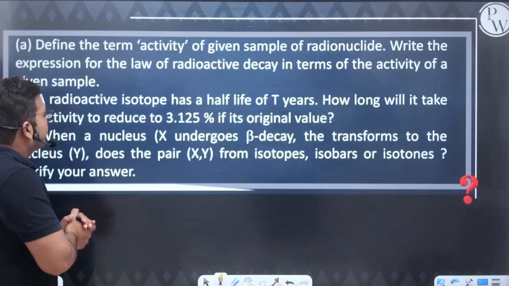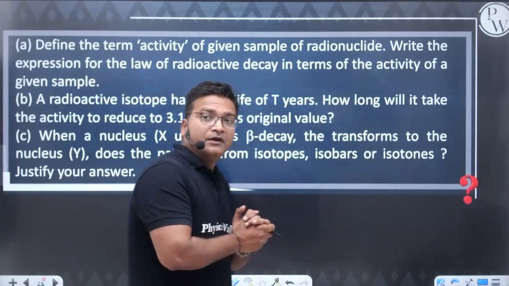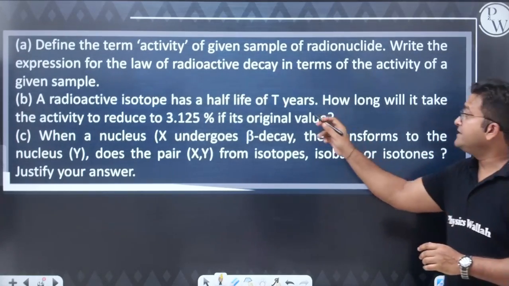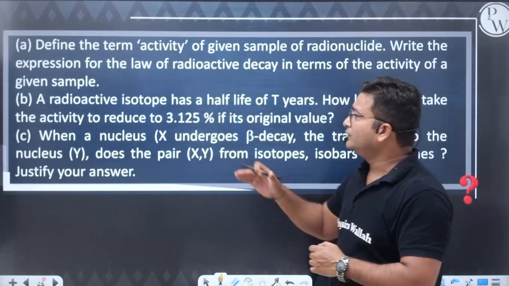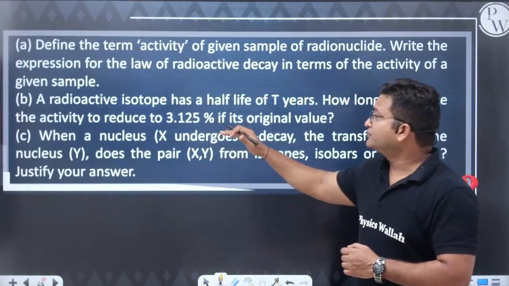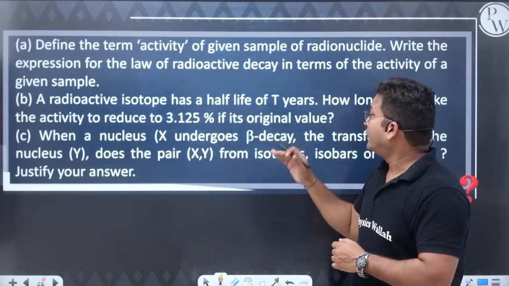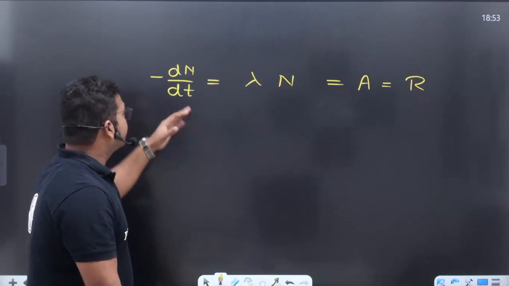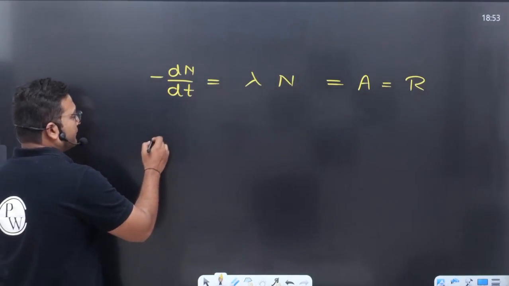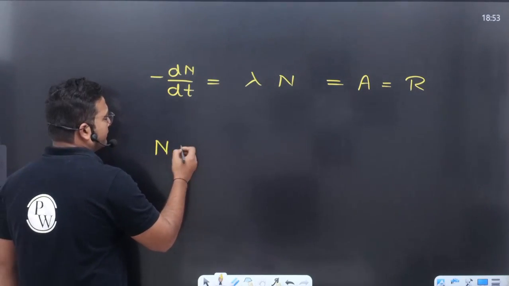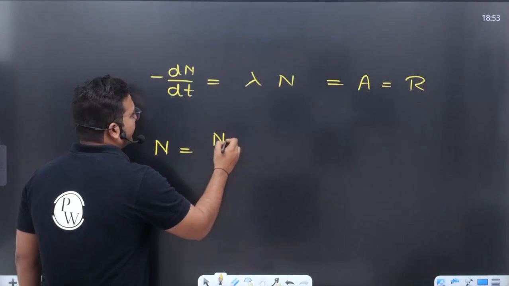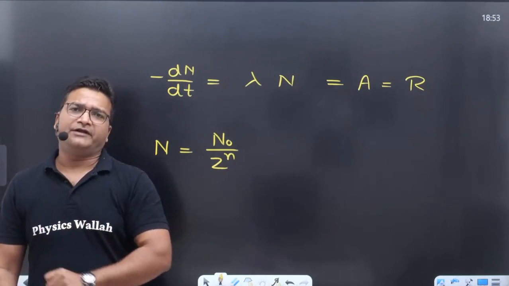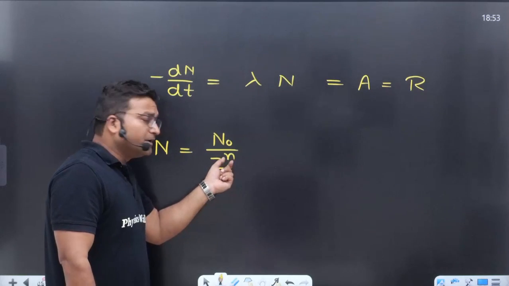And then in the next question, they ask you, a radioactive isotope has a half-life of T years. How long will it take for the activity to reduce to 3.125% of its original value? So I hope you remember, if you integrate this formula, then you have two results. One of them is N equals to N naught divided by 2 to the power n, where n is number of half-lives.